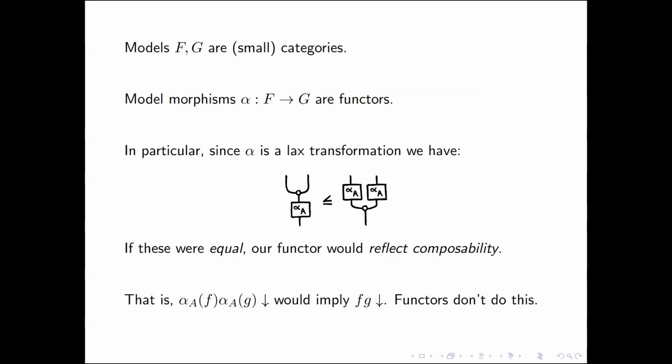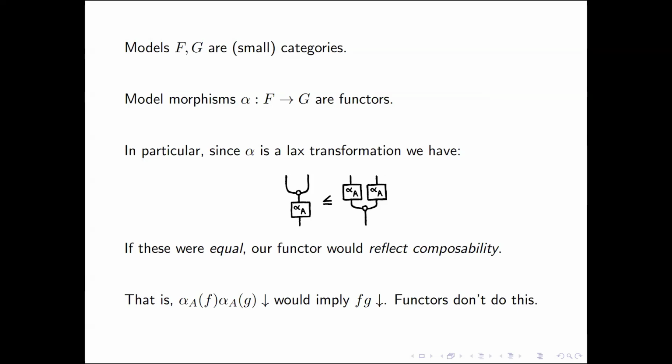And so if alpha is our functor, this is like if this was an equation instead of an inequation. The left-hand side is the action of the functor on f composed with g, and the right-hand side is the action of the functor on f composed with the action of the functor on g.